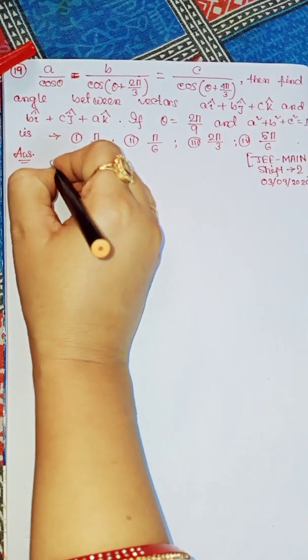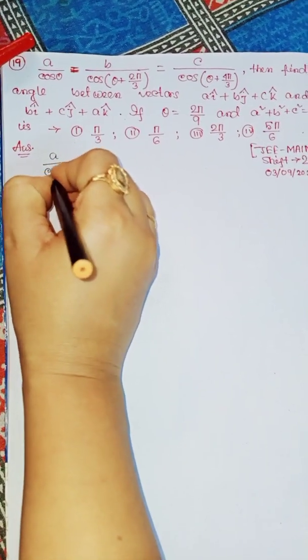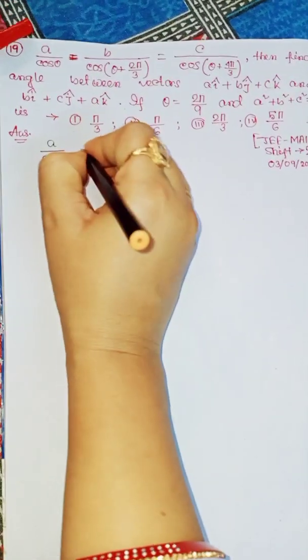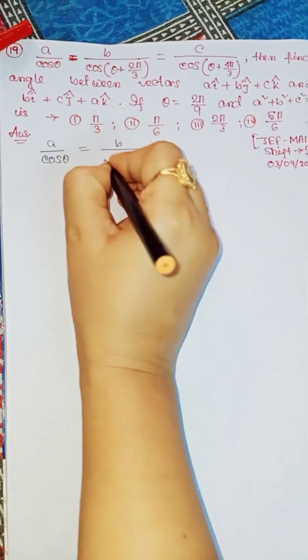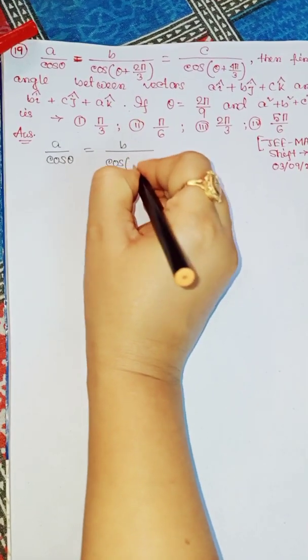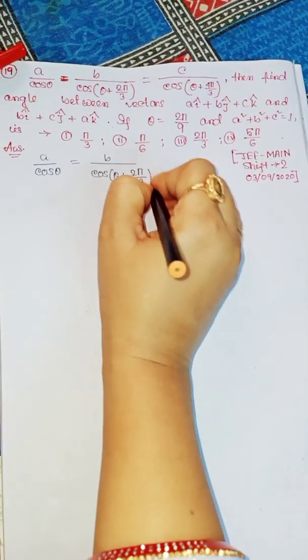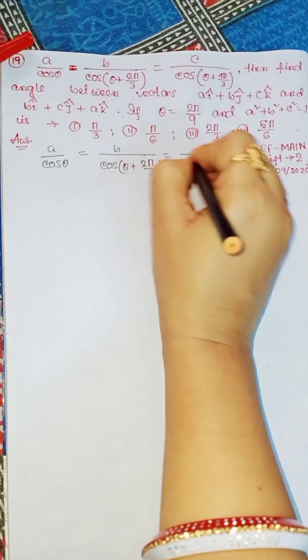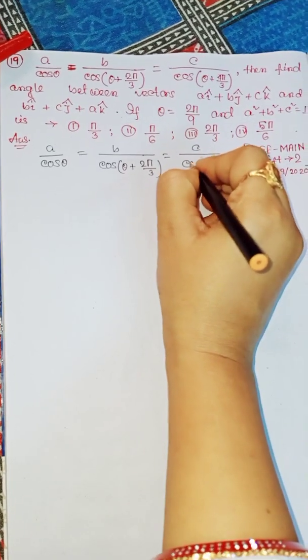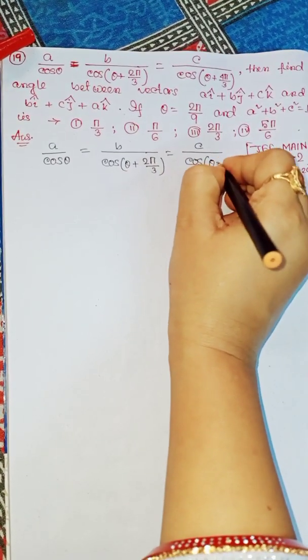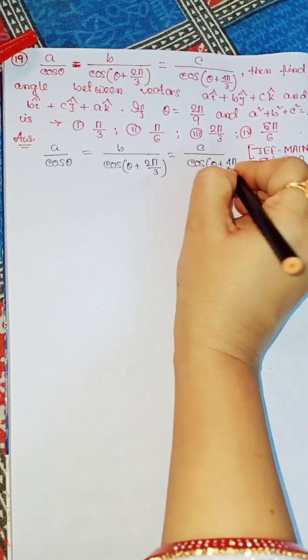So our given condition is A by cos of theta is equal to B by cos of theta plus 2 pi by 3 is equal to C by cos of theta plus 4 pi by 3.